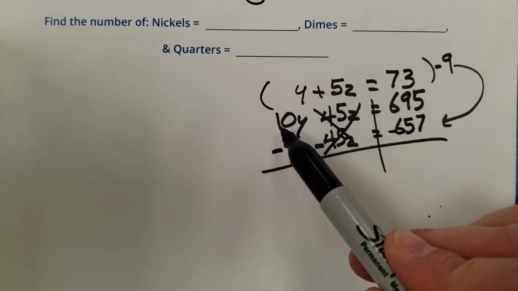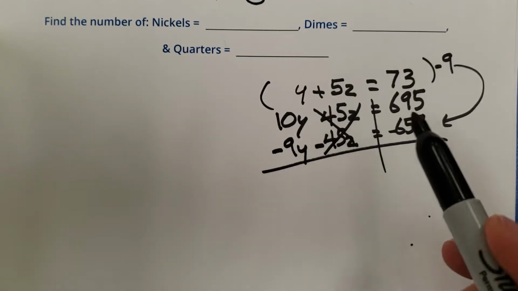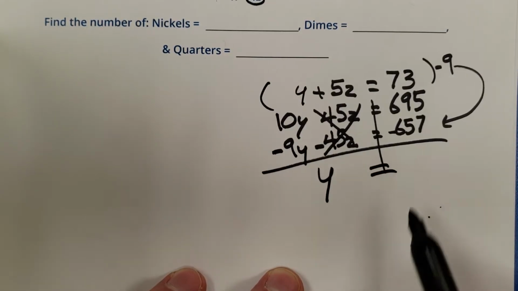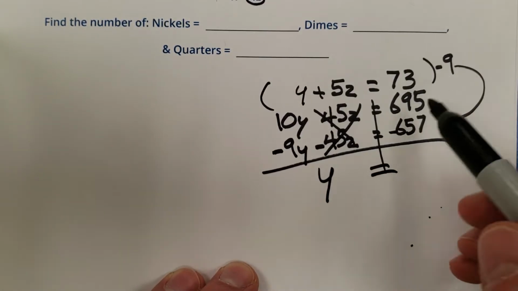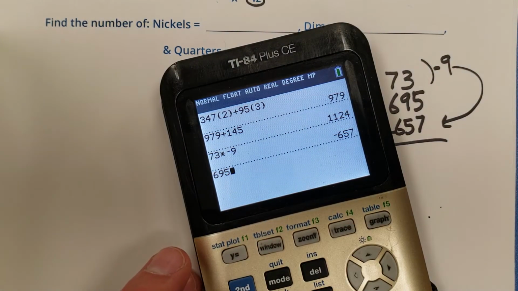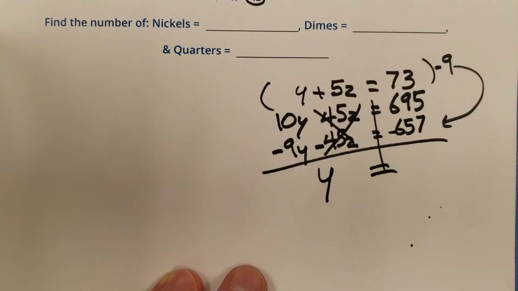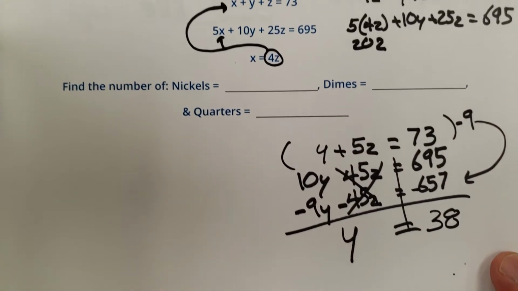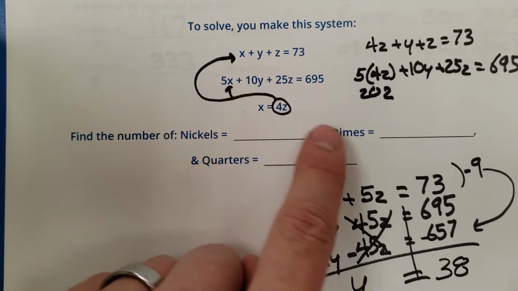Because look how beautiful this is. 10y minus 9y is a single y. Oh, isn't that pretty? A single y is going to equal 695 minus 657. 38. Hey, we got y already.